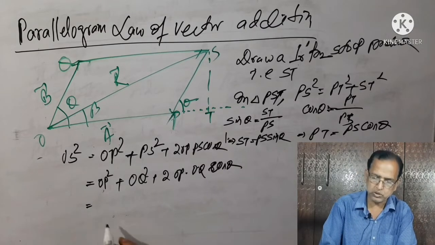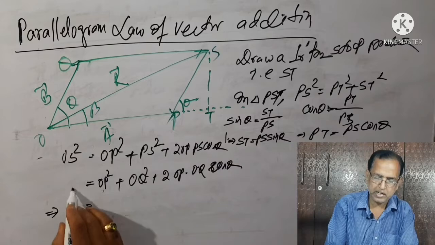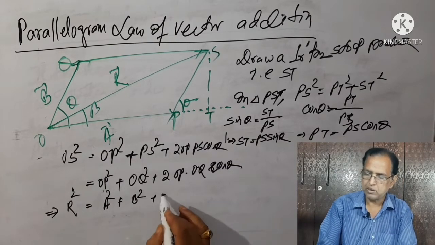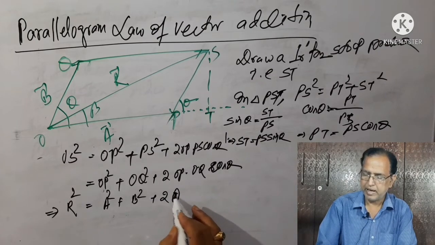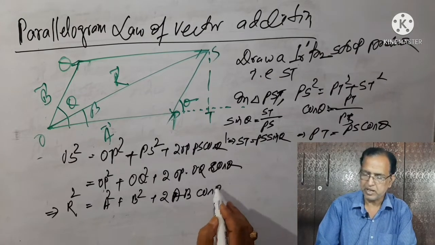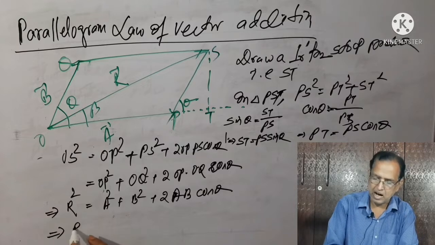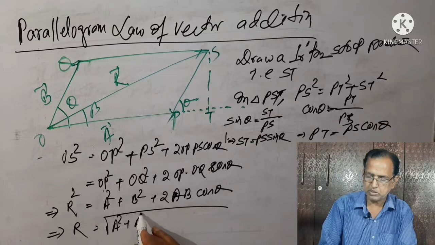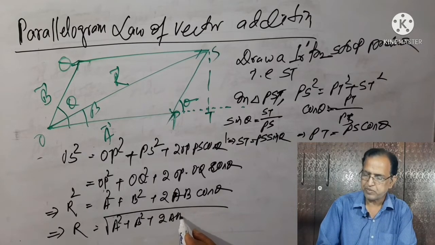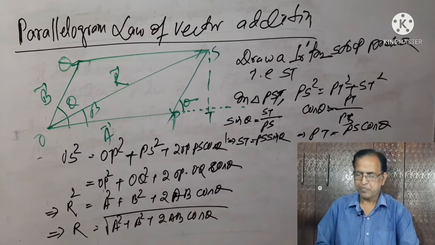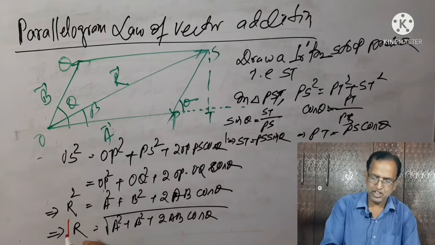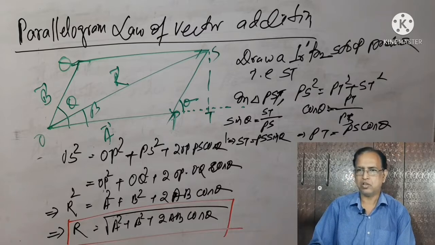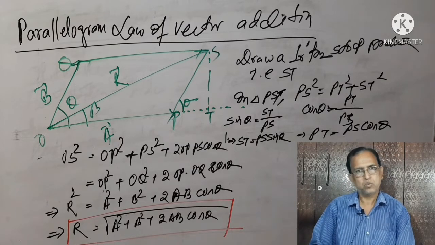This implies R square is equal to A square plus B square plus 2AB cos theta, so R is equal to the square root of A square plus B square plus 2AB cos theta. This gives the magnitude of the resultant or addition vector.